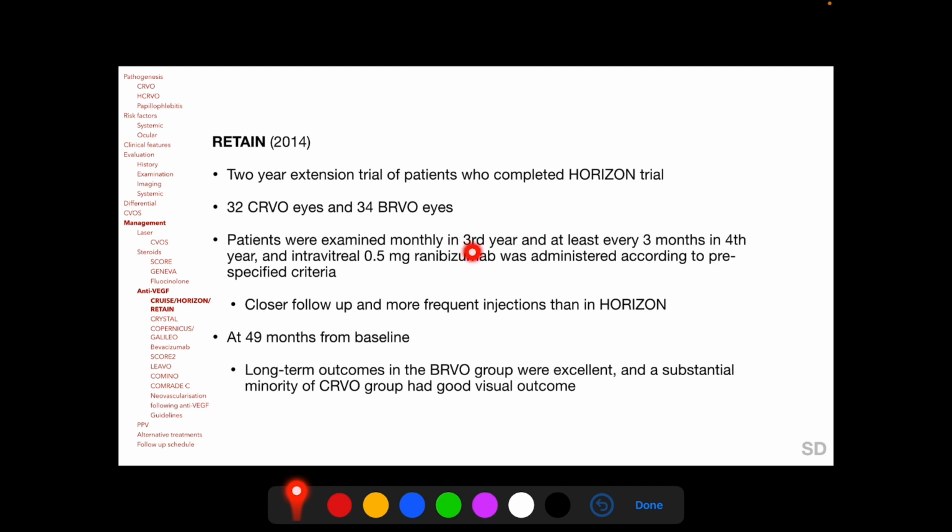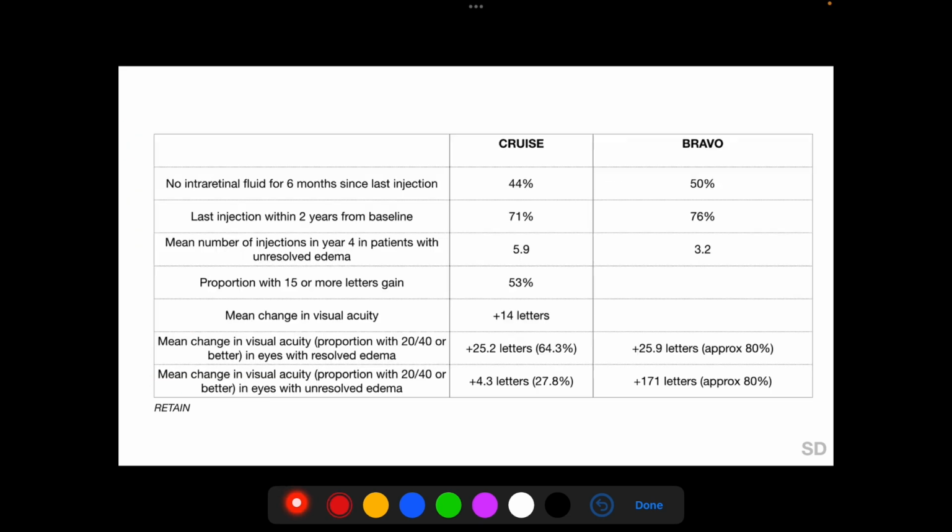So in the 3rd year, patients in the Retina study had a closer follow-up and more frequent injections than in the Horizon study. And at the end of 49 months from baseline, the Retina study concluded that long-term outcomes in the BRVO group were excellent, and a substantial but minority of patients in the CRVO group had good visual outcomes. And this table shows the data from the Retina study.